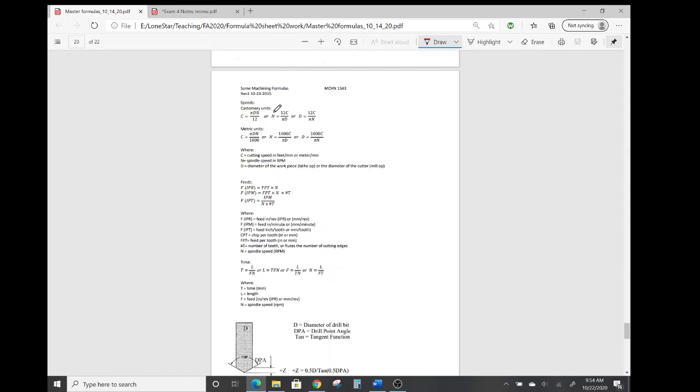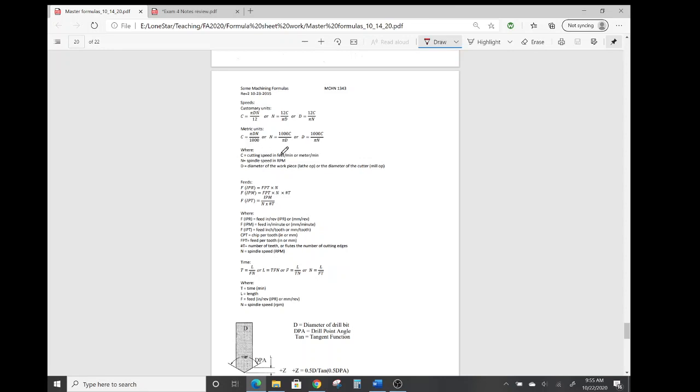So the rotational speed of the tool or the lathe in RPM is 12 times the cutting speed divided by pi divided by d. Again, d is the diameter of the cutting tool, or the diameter of the part if it's on a lathe. And if you're trying to solve for d, there's the formula for that. And here's the where.